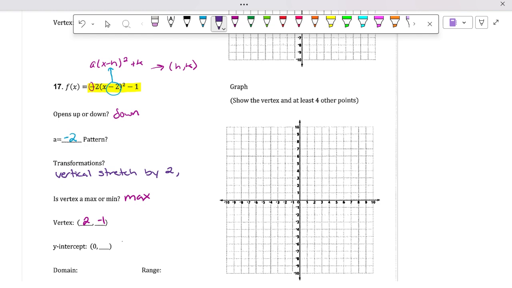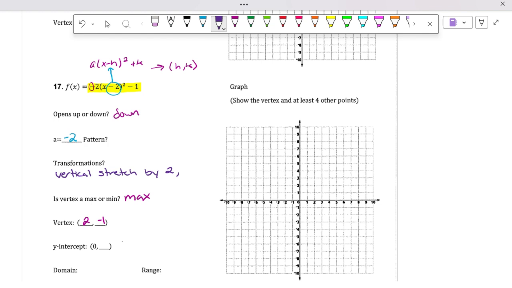Does anyone remember what happens to the graph if you're doing a vertical stretch? It gets thinner. Good. So remember the rubber band yesterday? If you pull it vertically, it gets thinner. If you compress it or push it inwards, it gets wider. Now, it will compress if you have a what? It's between 0 and 1.